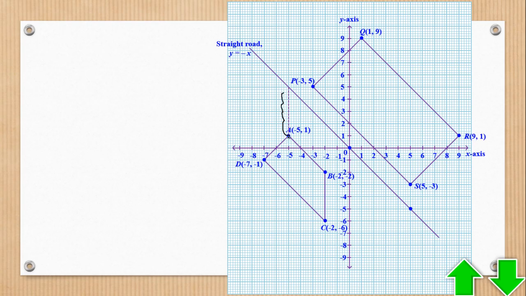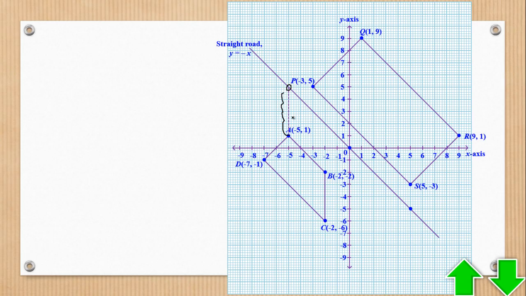Now from the object to the plane mirror, let's call it the mirror line, there are 4 units, but I moved vertical. Now I'm going to change and move horizontal. Have you noted that?